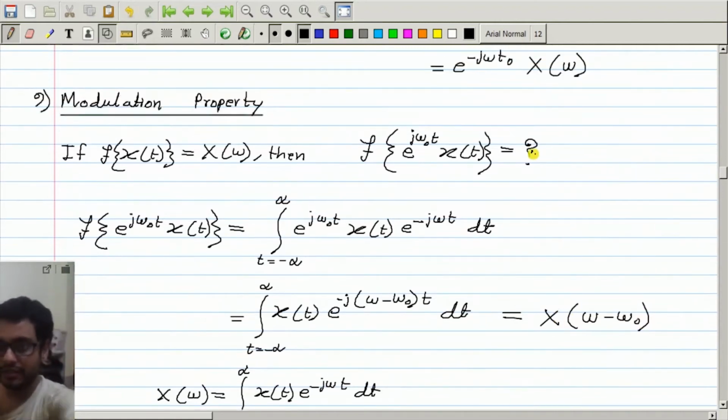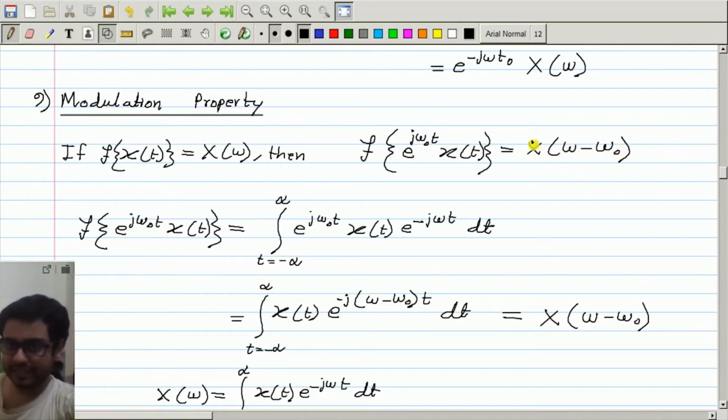So let me put it here. It is capital X of omega minus omega naught, as if this function capital X is shifted in the omega domain by an amount of omega naught towards the right.